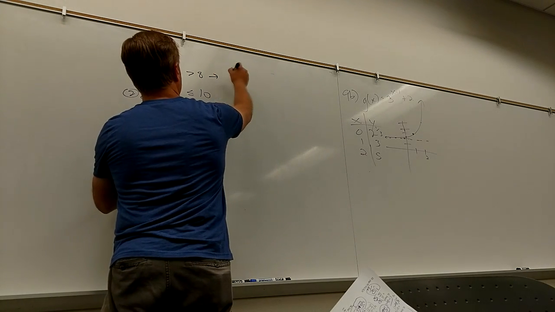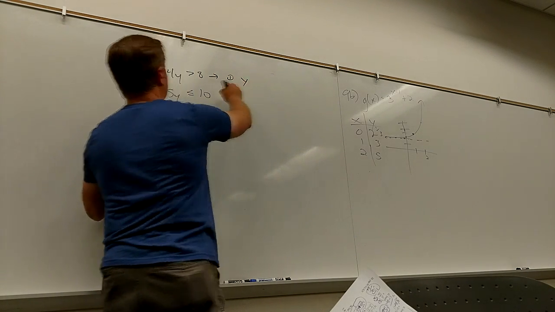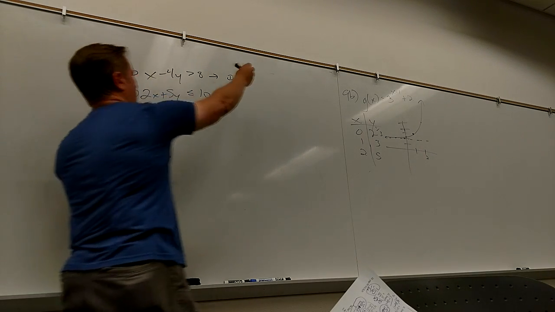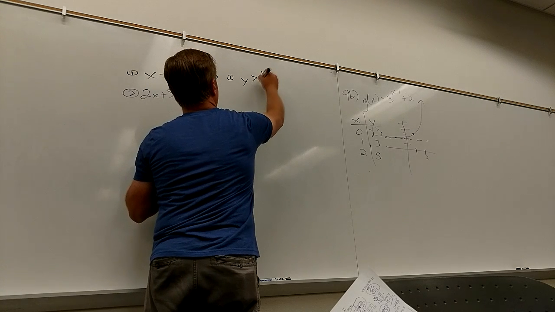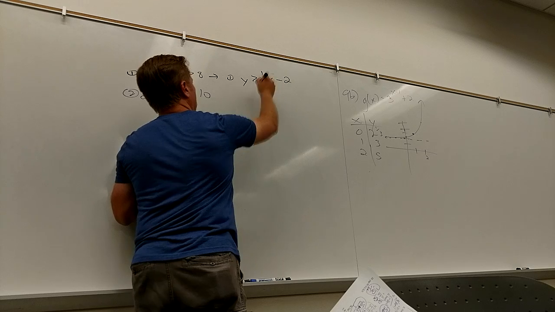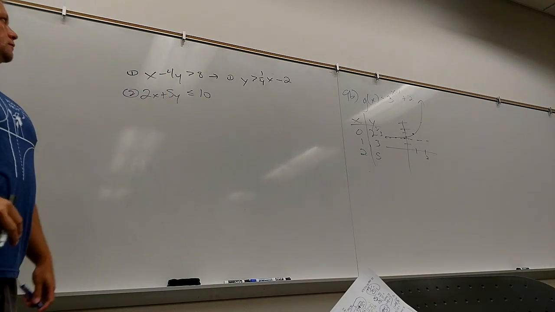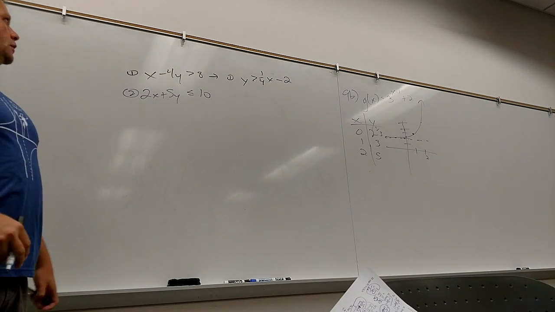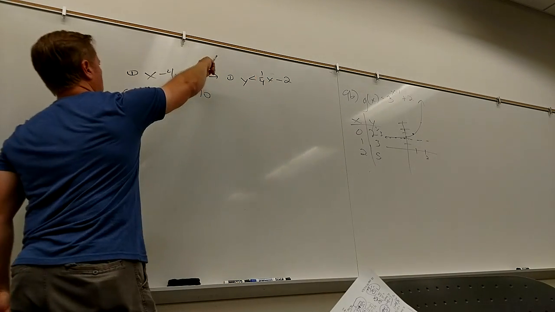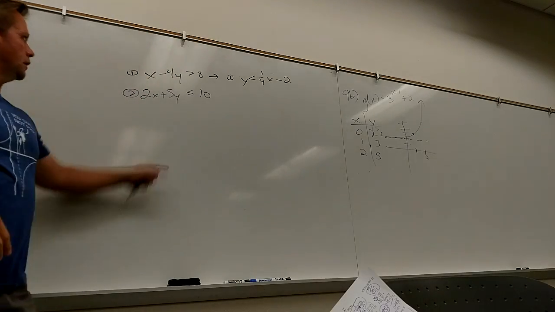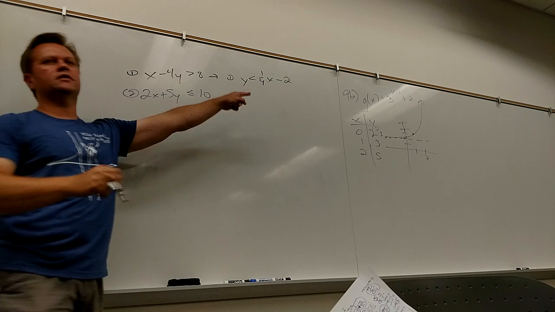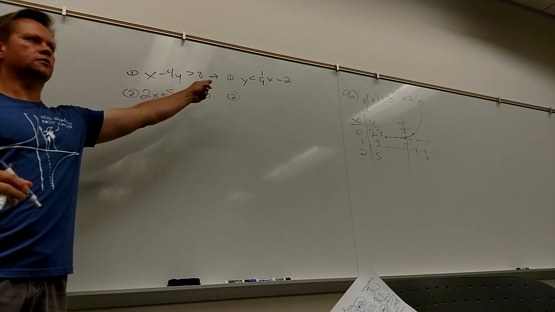So if I solve for y, add 4y, subtract 8, divide by 4, I get y less than 1/4 x minus 2. Whenever I skip steps, somebody freaks out, but just do it.